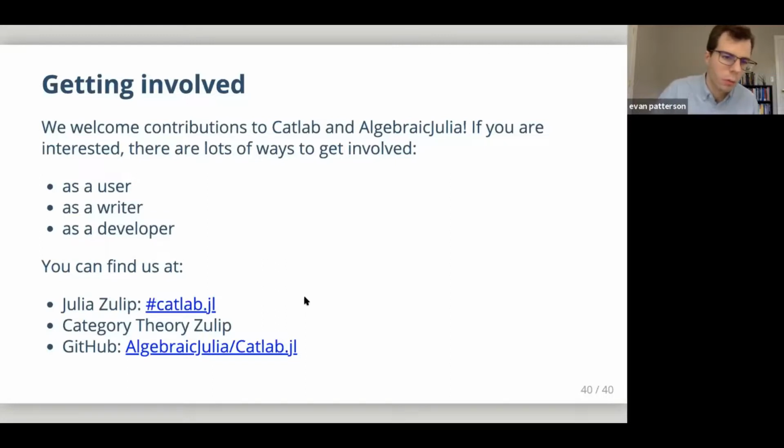We also need to write more forms of expository documentation, so if you'd like to write, we would welcome that. And of course, you could also get involved as a developer, either on CatLab itself, developing the core infrastructure, or in other packages that are part of the ecosystem that we're exploring for various applications.